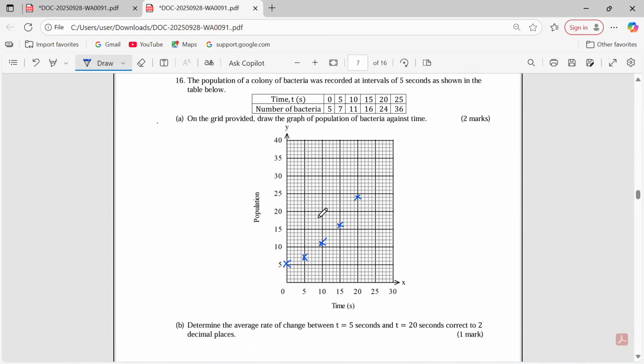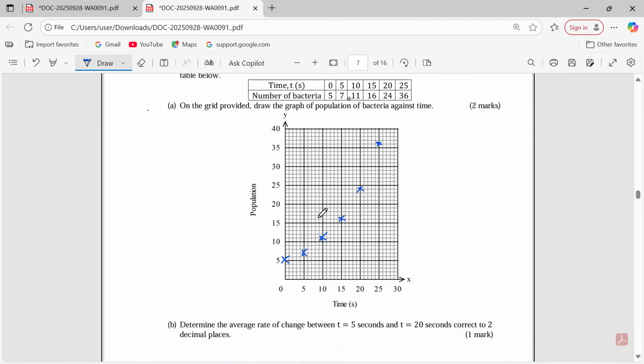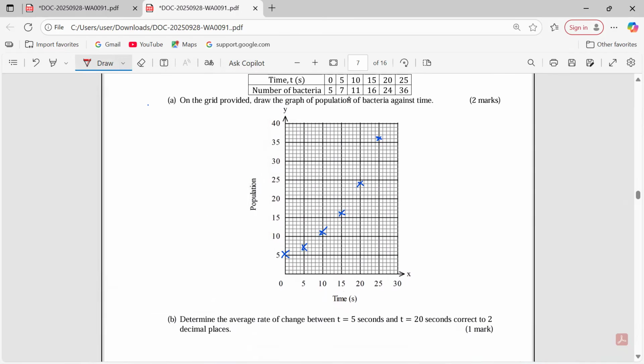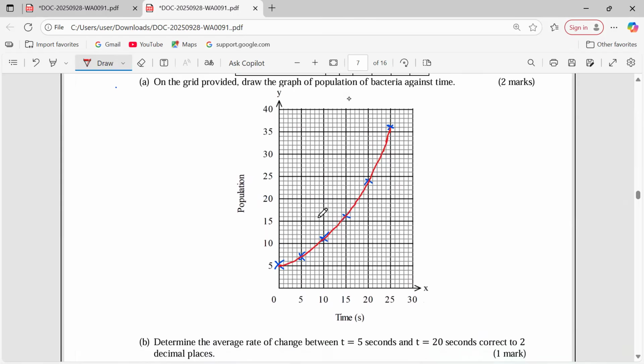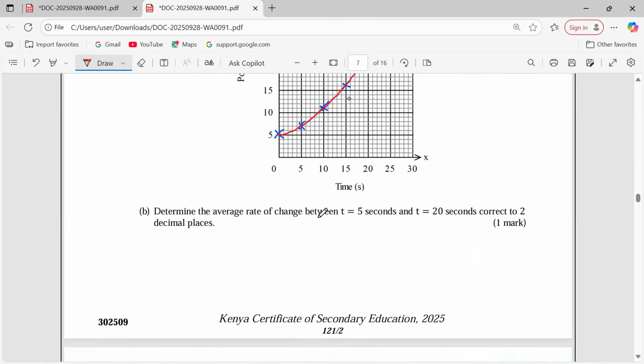And 25 by 36. 36 is here, slightly above 35 that way. But now we join smoothly. That way. So we have the graph for population against time in that particular column.